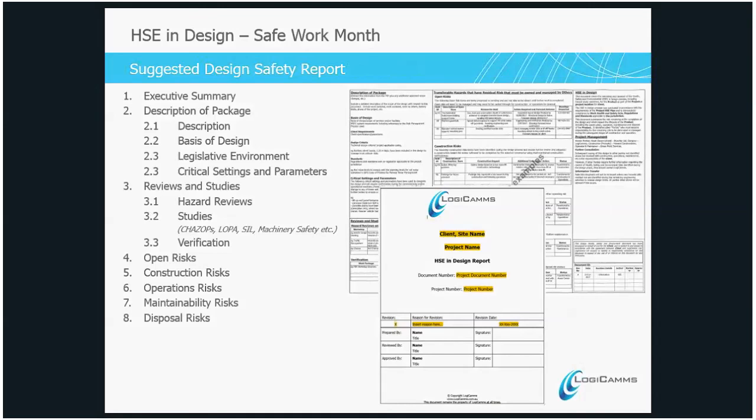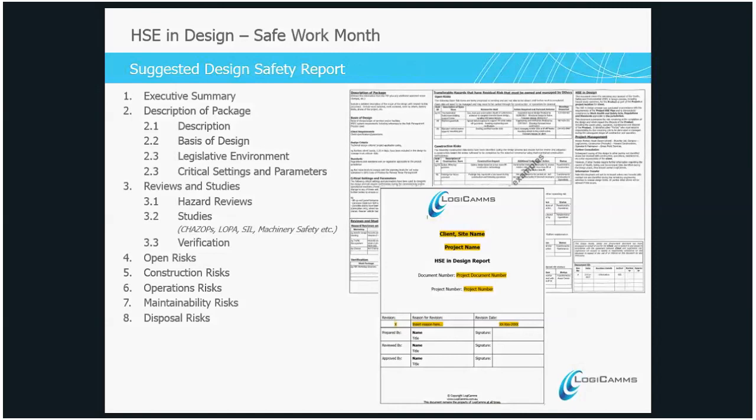Finally, there is a suggested system design safety report. It's basically spelled out as some of the elements that you would look at on a larger project. Obviously, I'm not suggesting you go through this detail for smaller projects, and in a lot of cases, on smaller projects, our HSE and design requirements are covered by Australian standards.